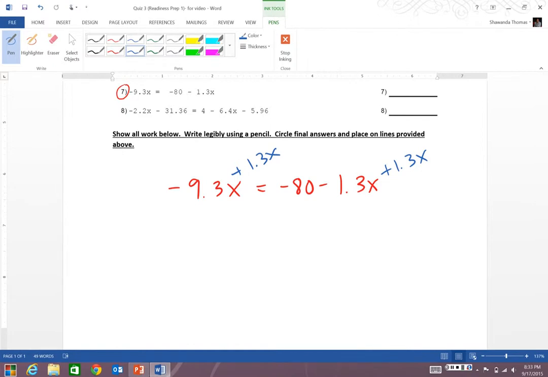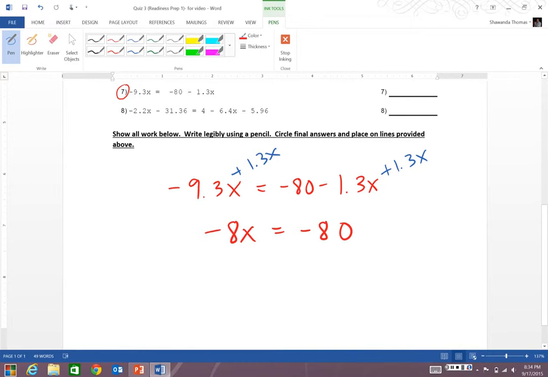So the advantage that you will have for this exam is a calculator. Negative 9 plus 1.3 is negative 8. Then x equals negative 80. Pretty simple here.